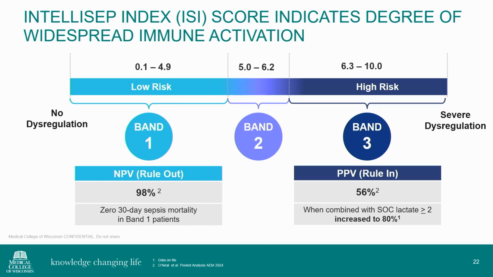They're the patients that we need to take a wait-and-see approach with, or follow a bit closer. Based on the negative predictive value, we can in many cases feel very confident ruling out sepsis in our Band 1 patients, and we can feel fairly confident that our patients in Band 3 have a higher positive predictive value, or a higher chance of being septic.